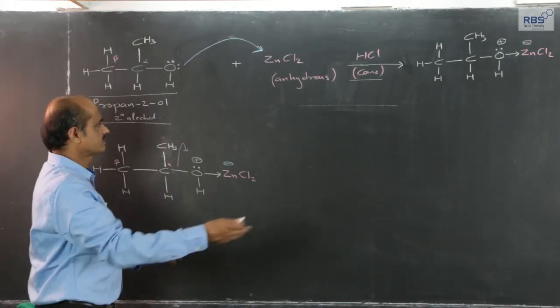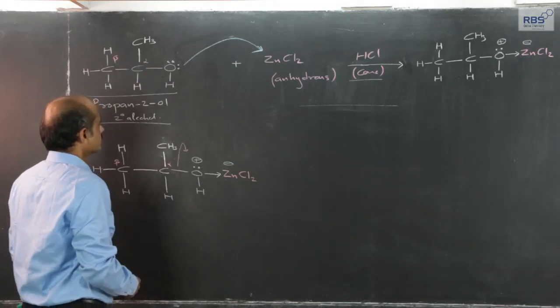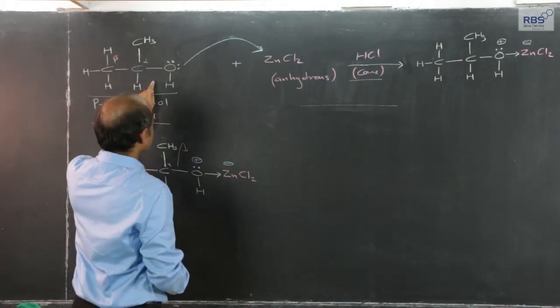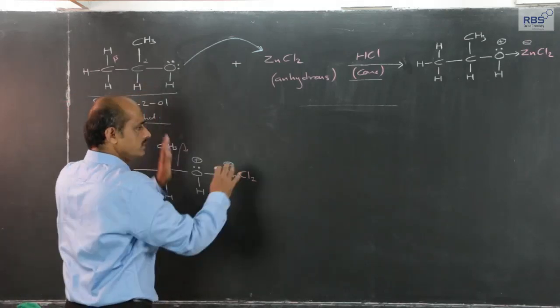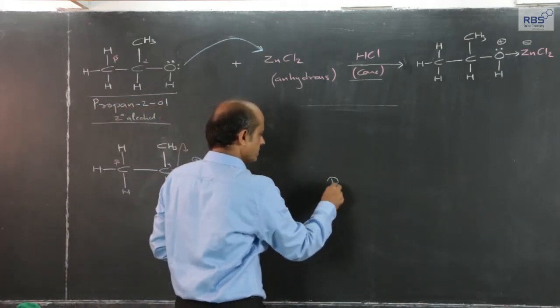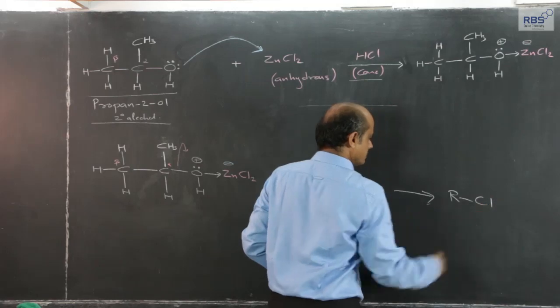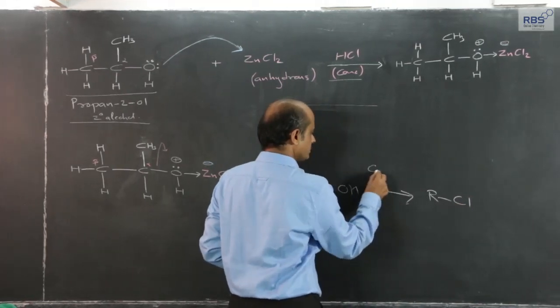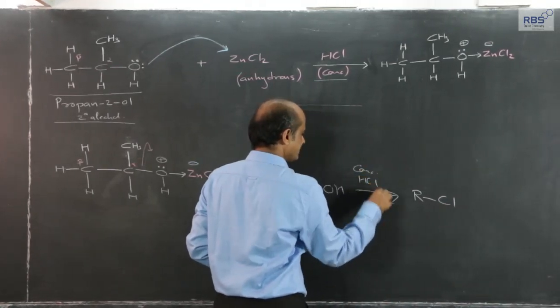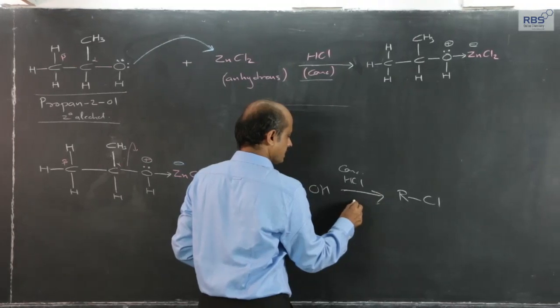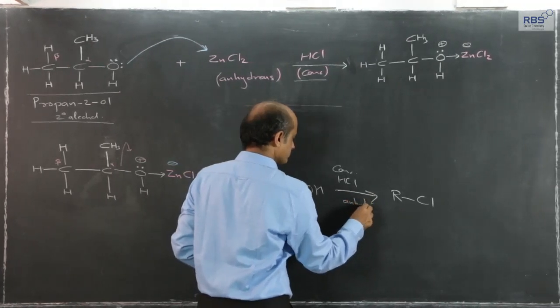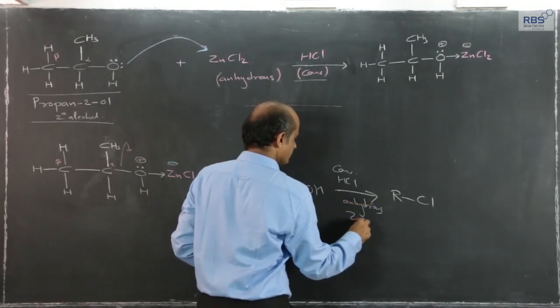So, I will just explain it in haste. Basically we are considering the conversion of alcohol into alkyl chloride. For that we are using concentrated HCl and anhydrous ZnCl2.